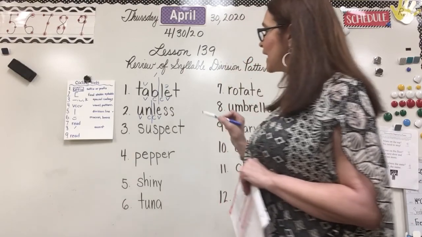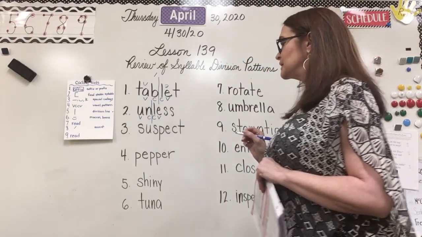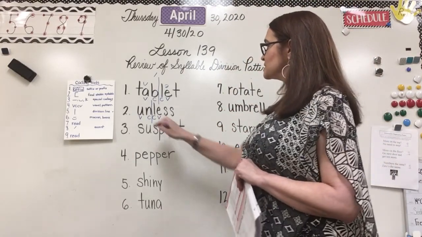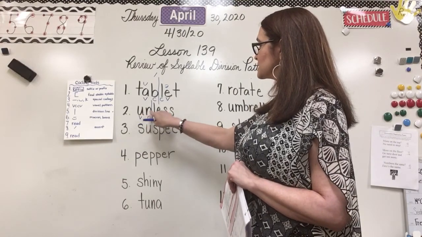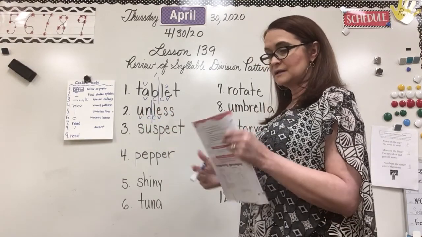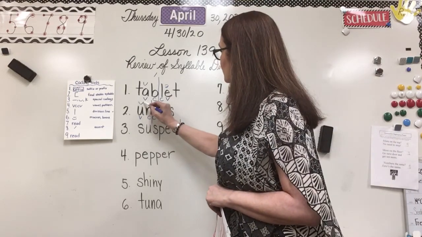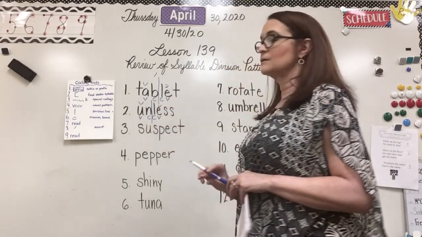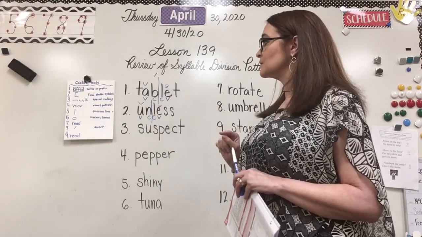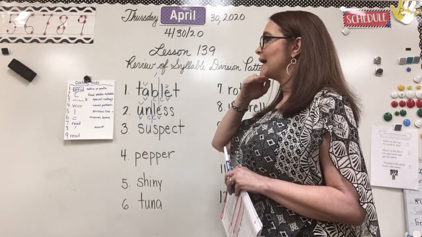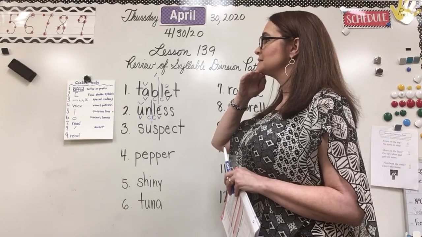All right. Now we're going to move on to number 6. We're going to code our vowels. So we have a vowel followed by a consonant and a vowel followed by a consonant. So how would you code these 2 vowels? Yes, ma'am, with a breve. Now, watch here. Here's a difference. Let's say this word together. Unless. Unless.